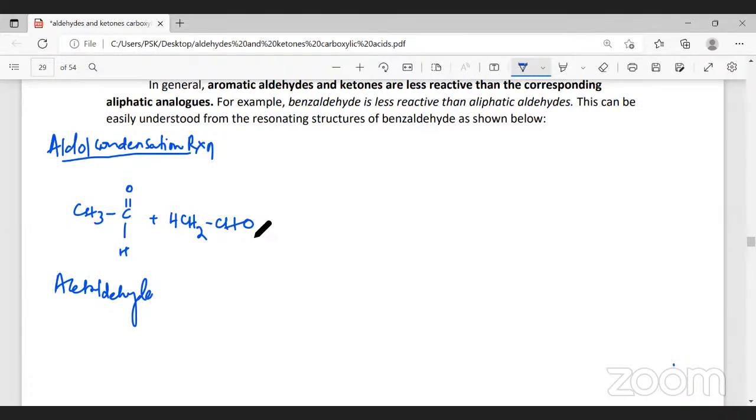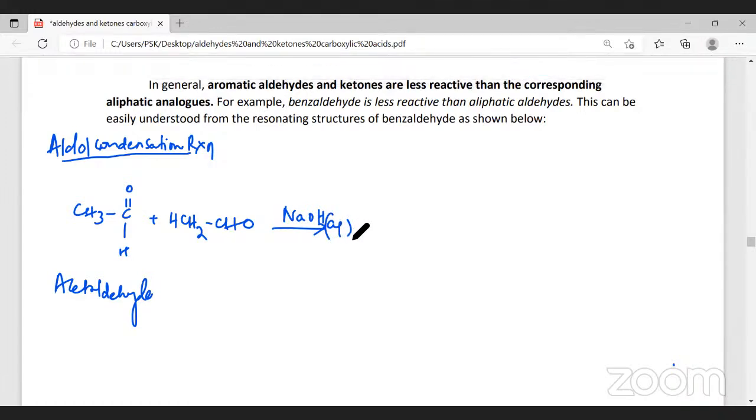When acetaldehyde, which contains alpha hydrogen, is shaken with aqueous sodium hydroxide, what happens? You see, this hydrogen attacks oxygen. When this hydrogen attacks oxygen, the pi bond breaks. When the pi bond breaks, this carbon attacks this carbon.